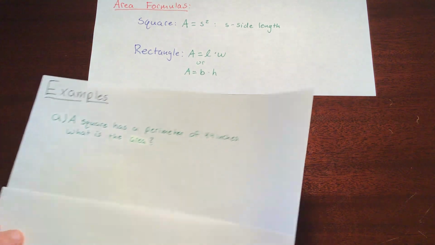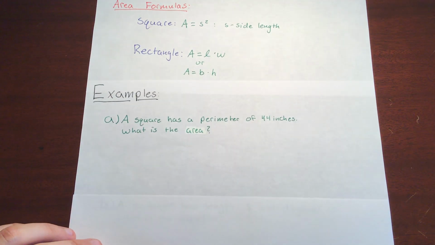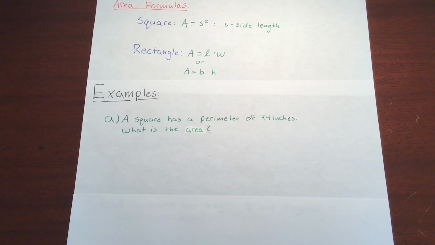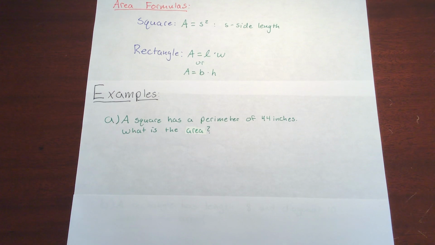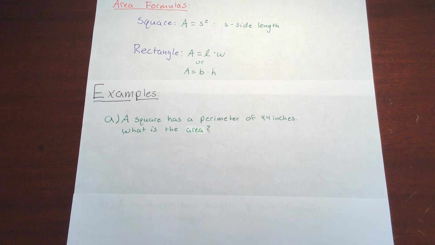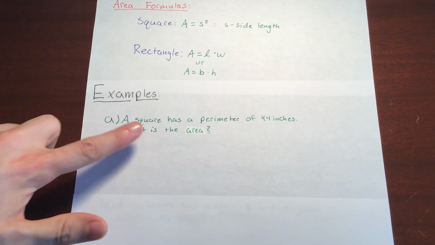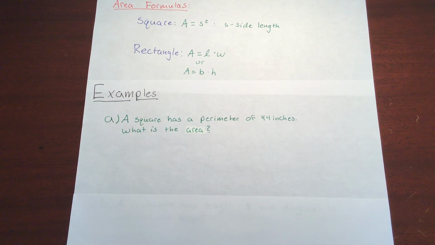Here is our first example. A square has a perimeter of 44 inches. What is the area? If you read too quickly and skip over that it's a square, you might start thinking, how can I use a perimeter of 44 inches?